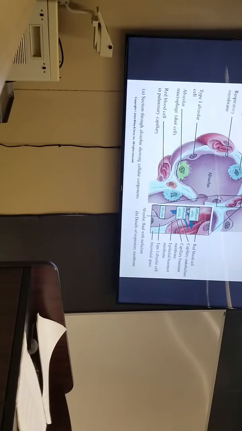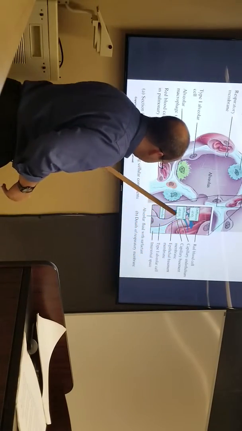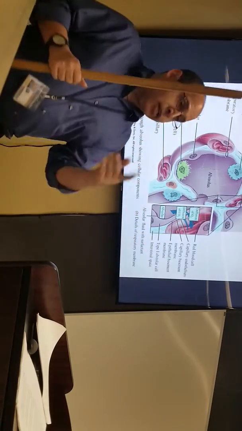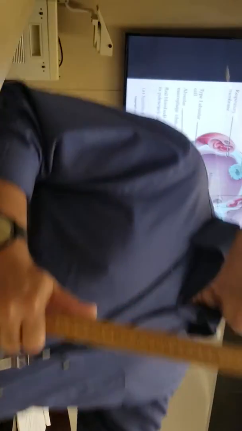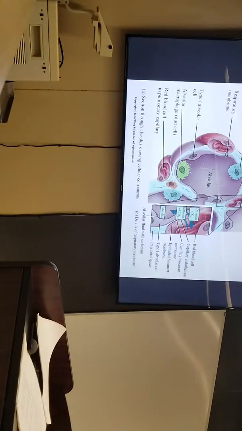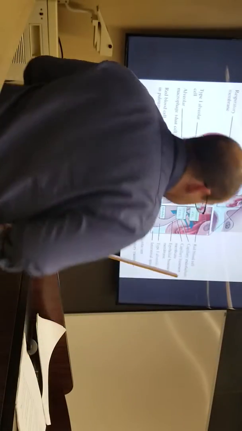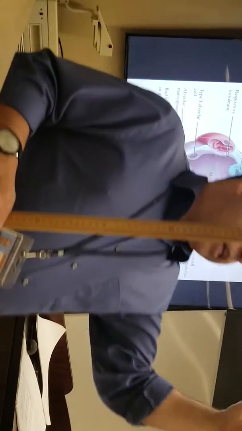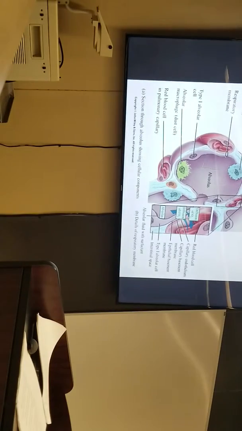It has to leave your bloodstream, get into the alveolus, then make its way to the alveolar sacs, alveolar ducts, respiratory bronchioles, all the way back up to your trachea, and eventually you expel it from your body. At the same time, you're breathing in. So now air, O2 is coming in, once again, either through the nose or the mouth, down the trachea, making its way through all those tubes, eventually getting to the alveolus, where it now has to get into your bloodstream.